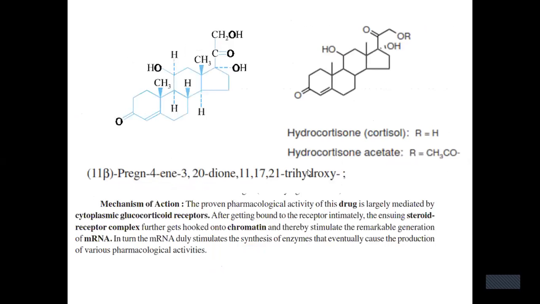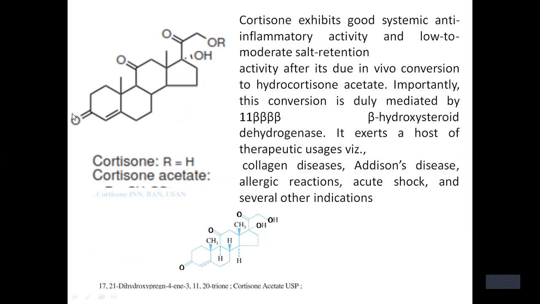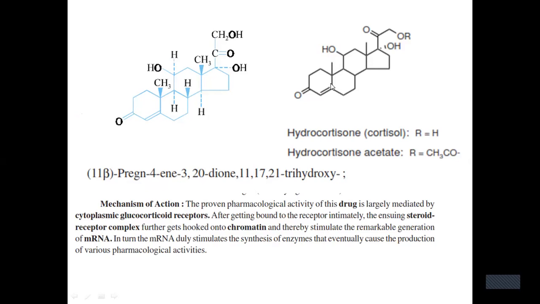So the next one is hydrocortisone. Hydrocortisone is again 11, 17, 21 trihydroxy pregnane 3,20 dione. Previously we had the 3, 11, 20 tri-keto groups, but in hydrocortisone the third and 20th positions are dione, and the 11th position is a hydroxyl group.